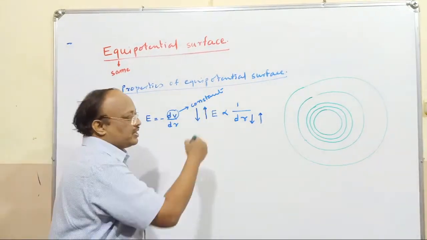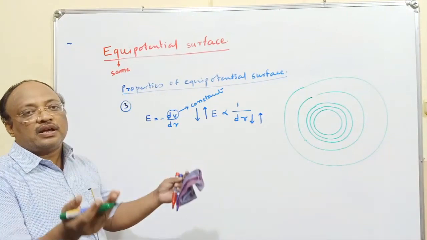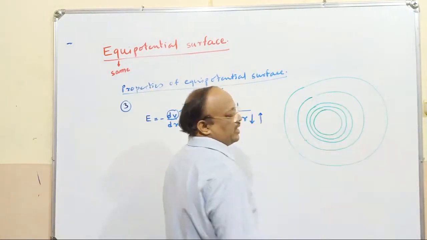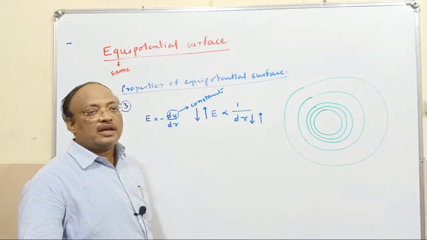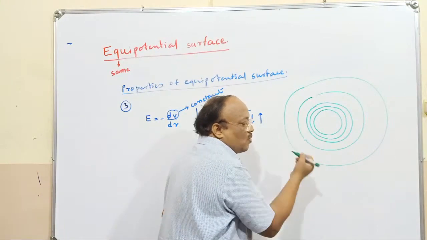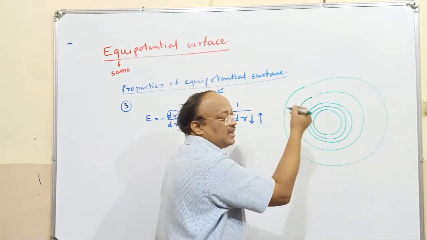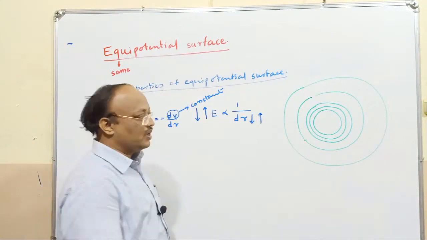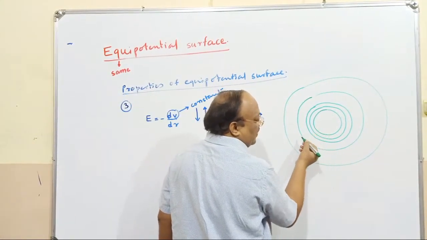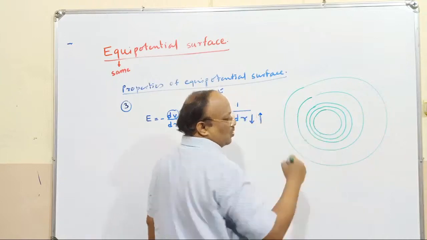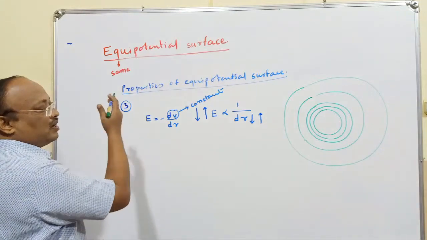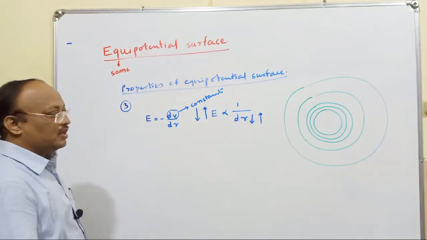So with this property, depending on the equipotential surfaces that we have, we can arrive at where the electric field is more and where it is less. So this is our third property.